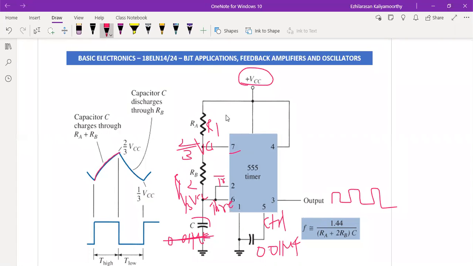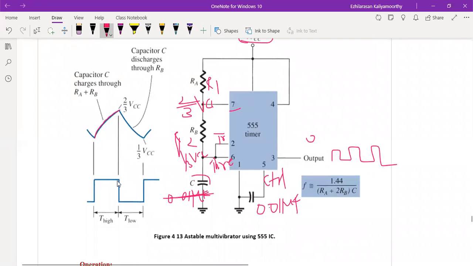In the previous diagram we showed comparator 1 triggering the flip-flop so that the output pin 3 goes low. So when the capacitor charges, I get a high from the flip-flop, and once it has reached this level, the output goes low.